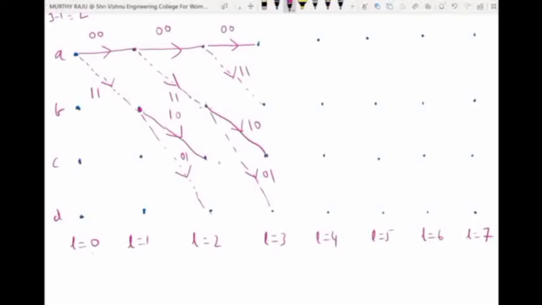And this one is C to A, with output 1 1, and C to B.